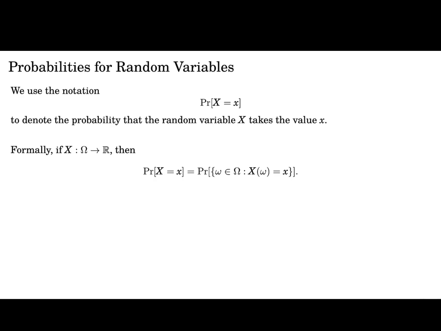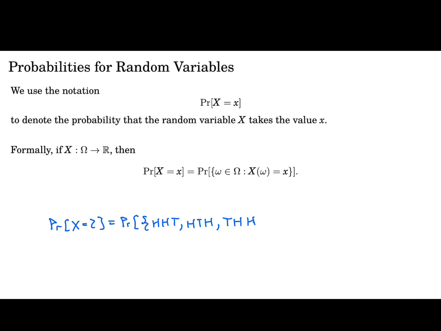In our previous example, if we compute the probability that X is equal to 2, where X is the number of heads, it's going to be the probability of all the events that have 2 heads. What are the events that have 2 heads? Heads, heads, tails; heads, tails, heads; and tails, heads, heads.